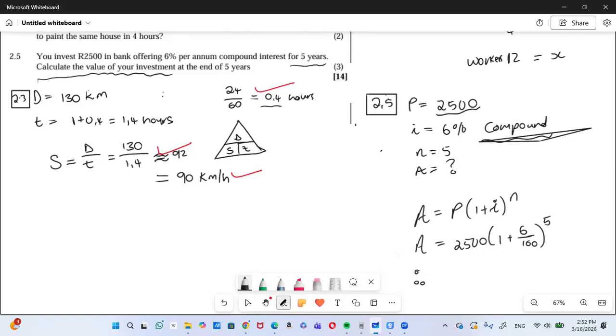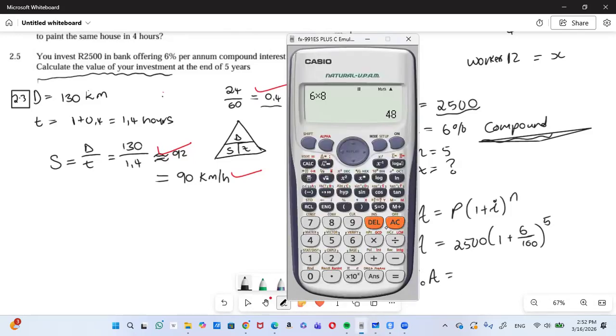And then finally, your A will be, go to your calculator. You have 2,500, open bracket, 1 plus 6 over 100, close bracket, with an exponent of 5.